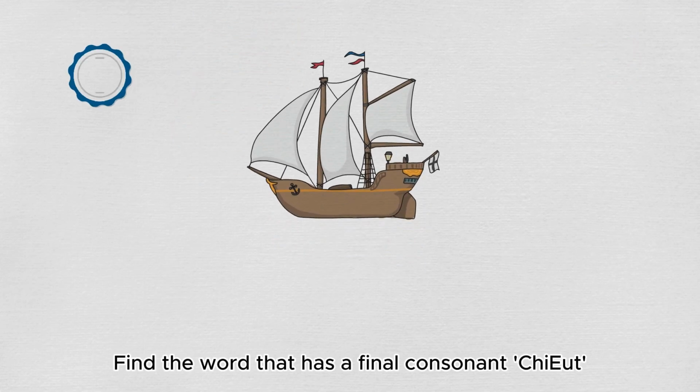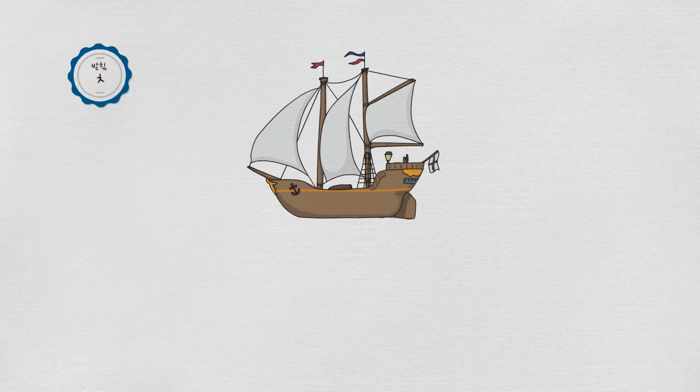Find the word that has a final consonant. 지읒, 도 plus 지읒, it's a 돛, sail. 돛.